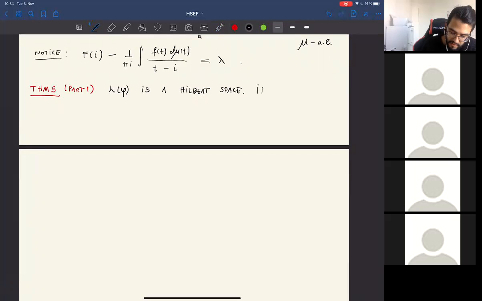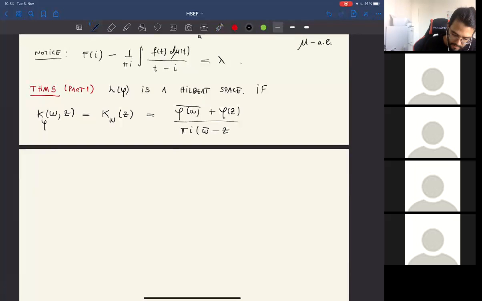Moreover, if we define k_w(z) of phi, which I also often denote just as k_w(z) and forget about the phi, if we define it like this, then k_w belongs to L phi for every w in the upper half plane.